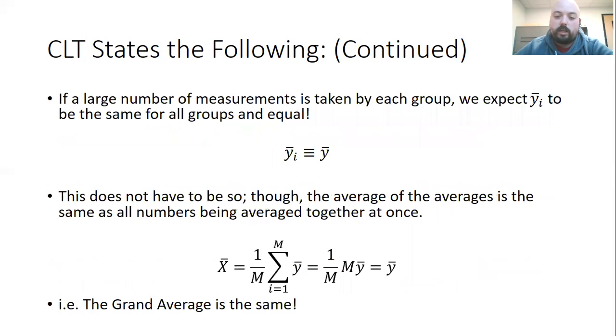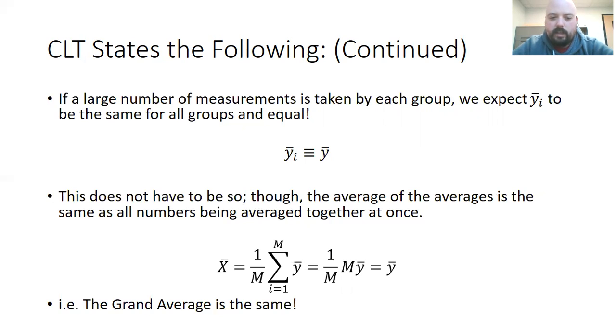So if we look at a large number of measurements being taken by each group, we should expect the average of the entire groups that are taking the measurement together to be essentially equal to the mean of each individual group themselves. All right.